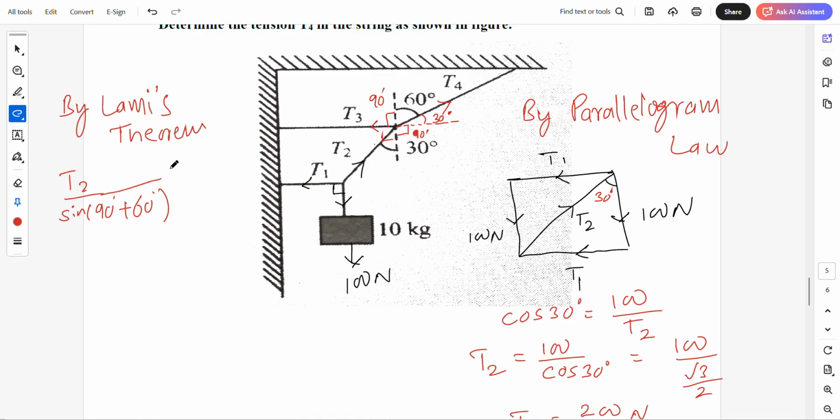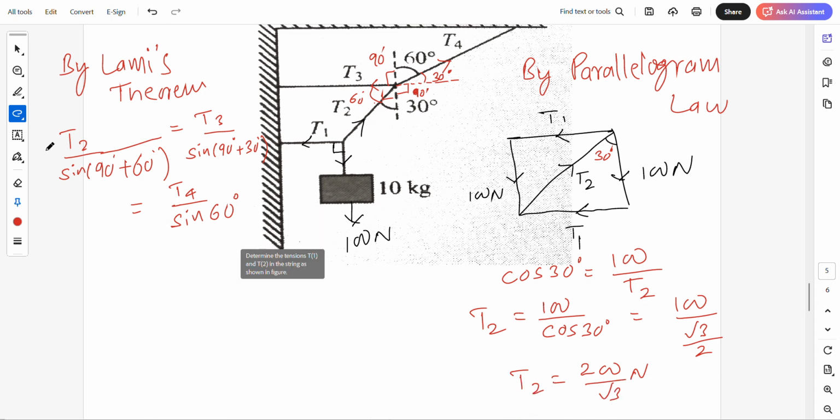Now that is equal to T3 divided by sine of this angle, that is 90 plus 30 degree. That is equal to T4 by sine of how much is this angle? Okay, these are vertically opposite angles. This is 30 degree, this is 60 degree. That is T4 by sine of 60 degree.